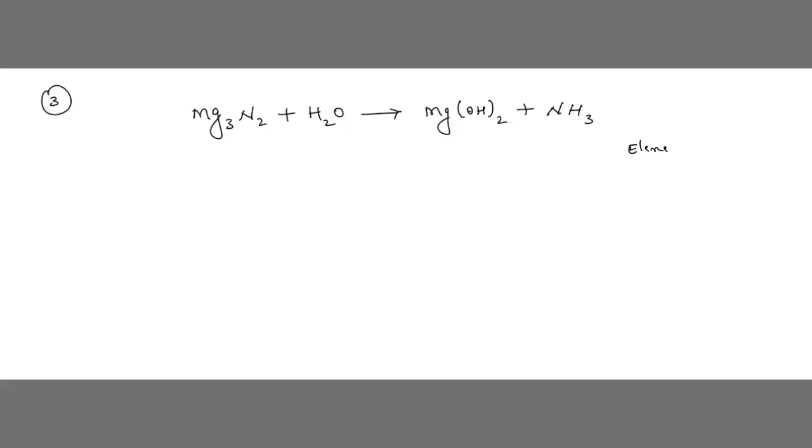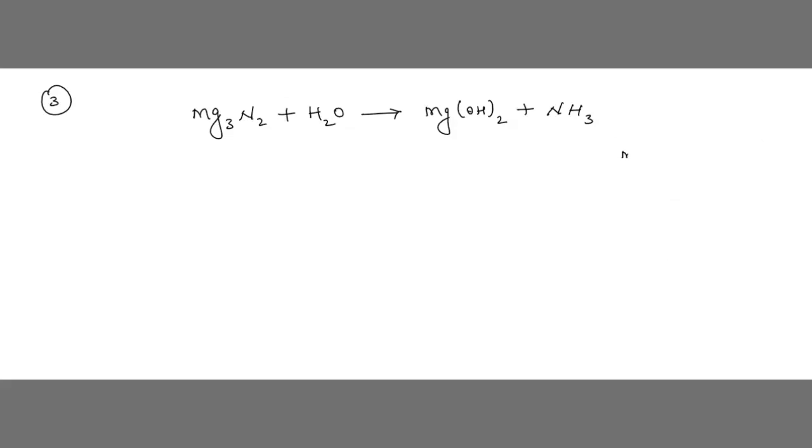In this I will write the element names here. Step number 1. This is step number 1, right? What we do here, this is reactant and this one is product. Now which elements do we have? We have Mg, we have N, we have H and we have O. One minute, I'll write once again clearly, maybe you cannot see the element names.